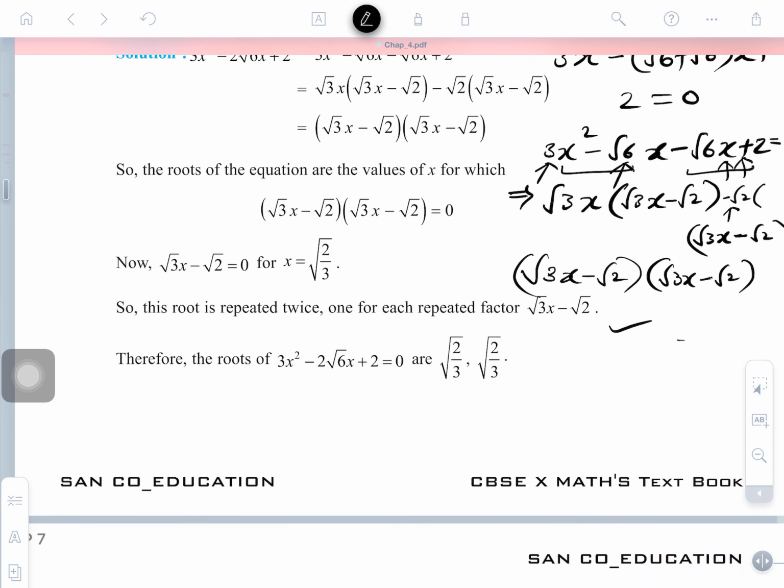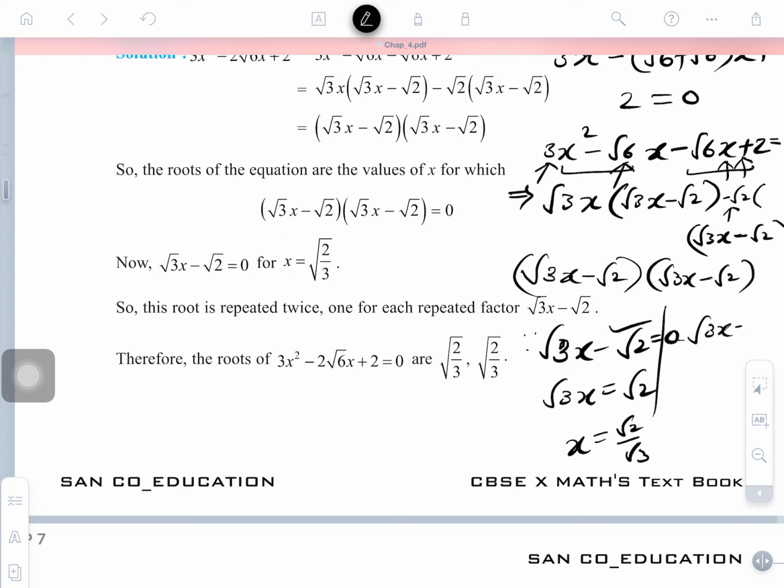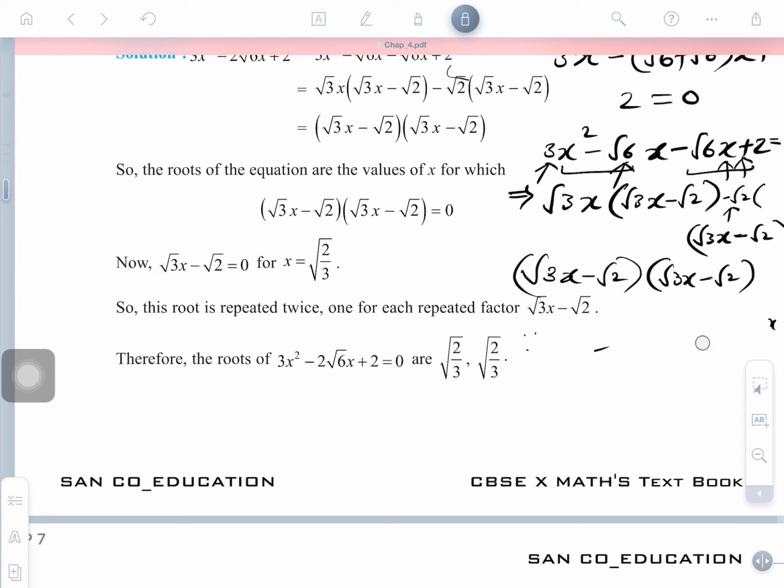The value of x can be calculated. Since root 3x minus root 2 is equal to 0, you will take root 3x is equal to root 2. So x is equal to root 2 by root 3, and for root 3x plus root 2, the same will come here, right? So this is an activity to solve that question.